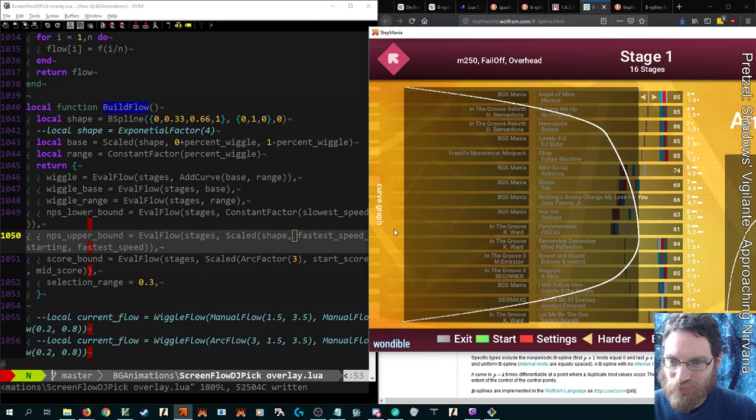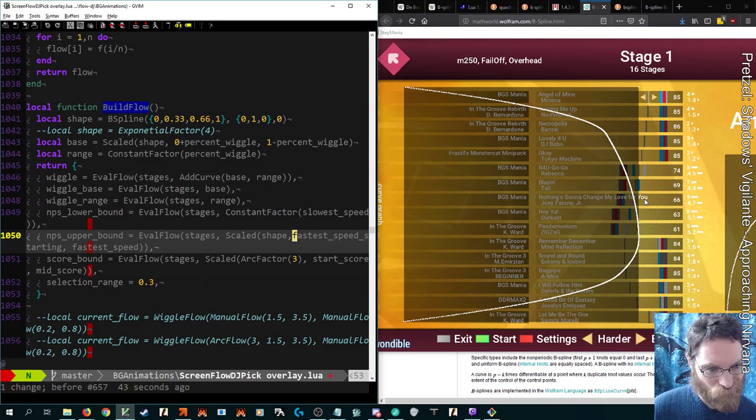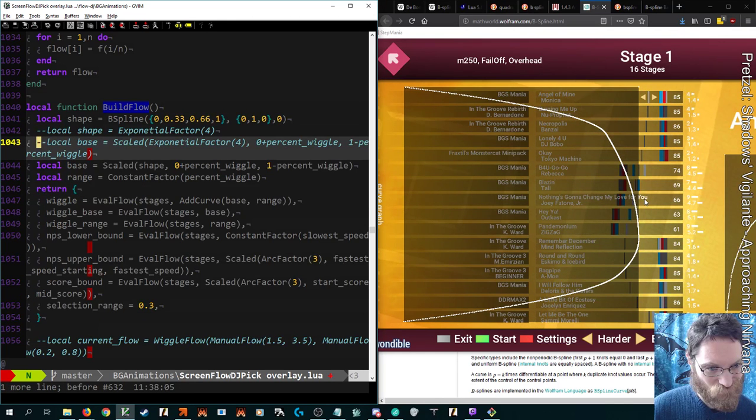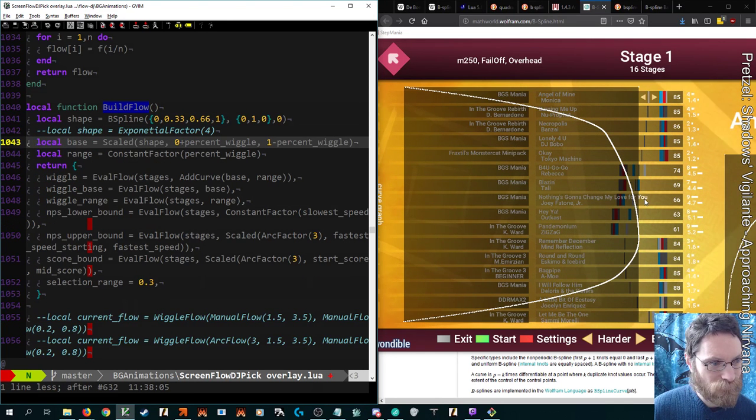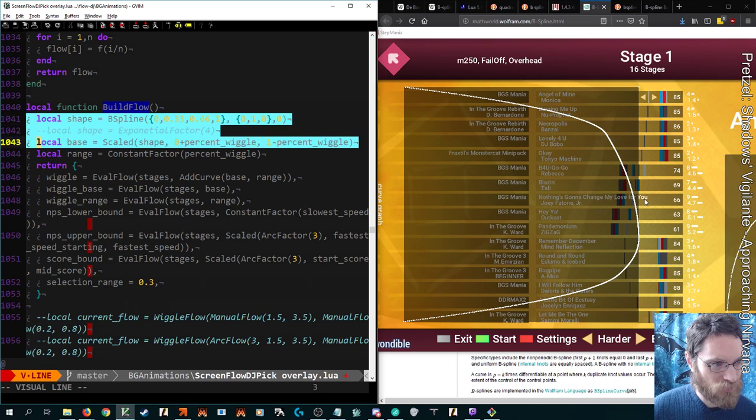Because this doesn't feel like the shape of this curve at all, to just boom. I really feel like I need to undo a bunch of this stuff.